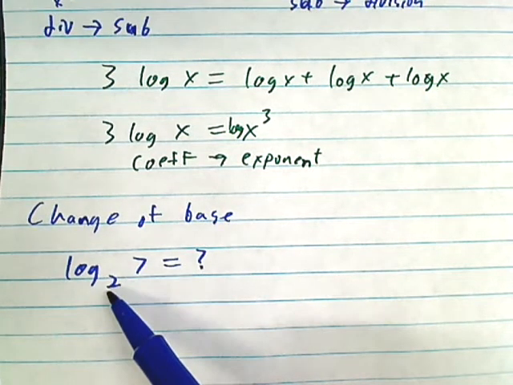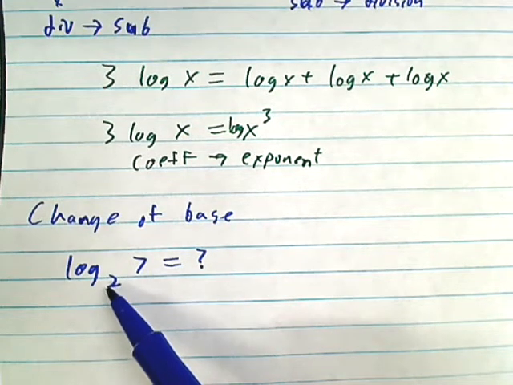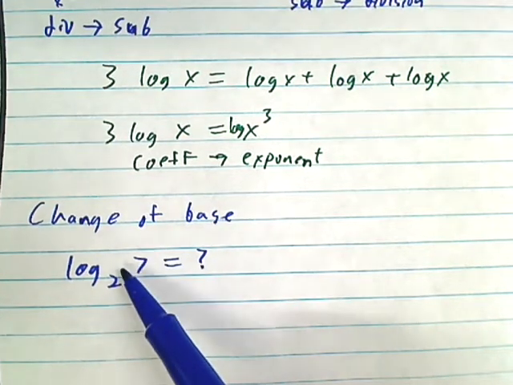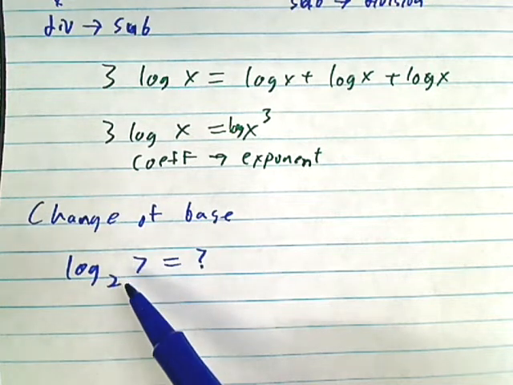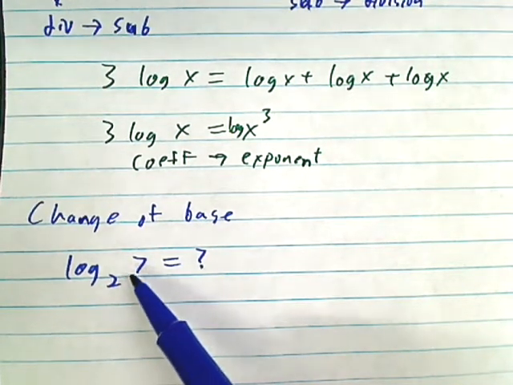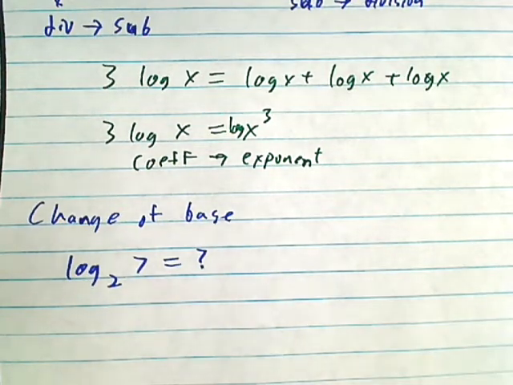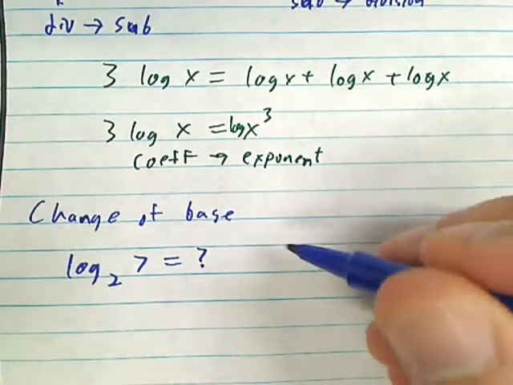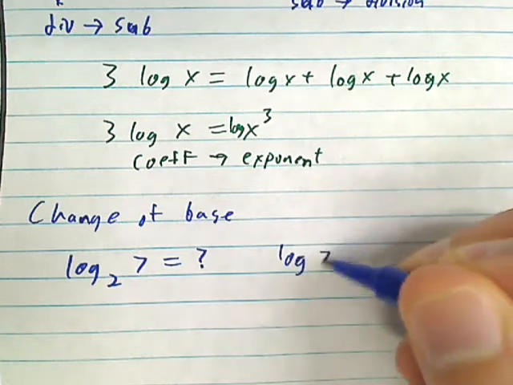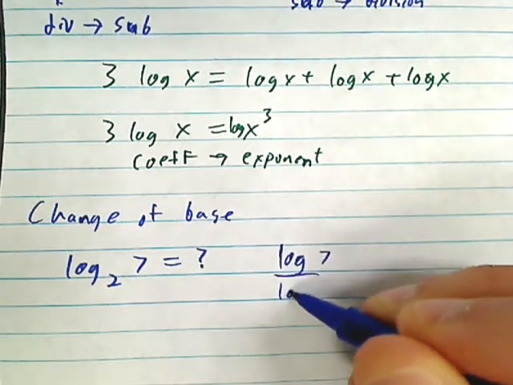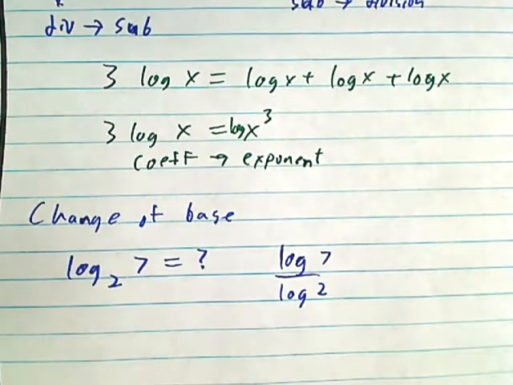That's like a decimal, because 2 squared is 4 and 2 to the third is 8, so it's somewhere between 2 and 3. The change of base formula says to take the log of 7 over the log of 2. And that's it. Just type it in.